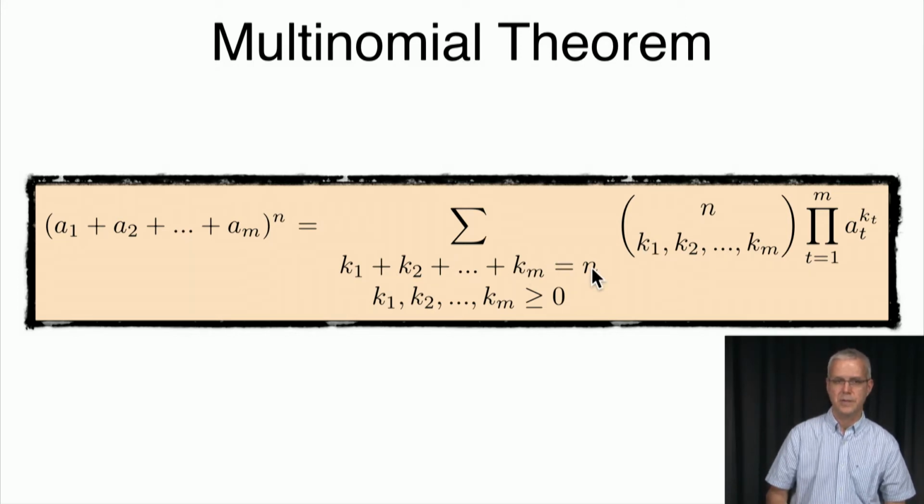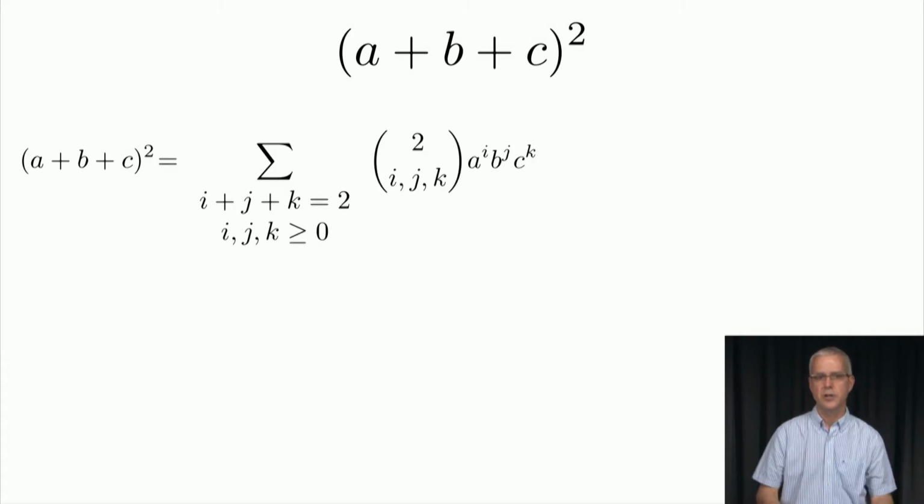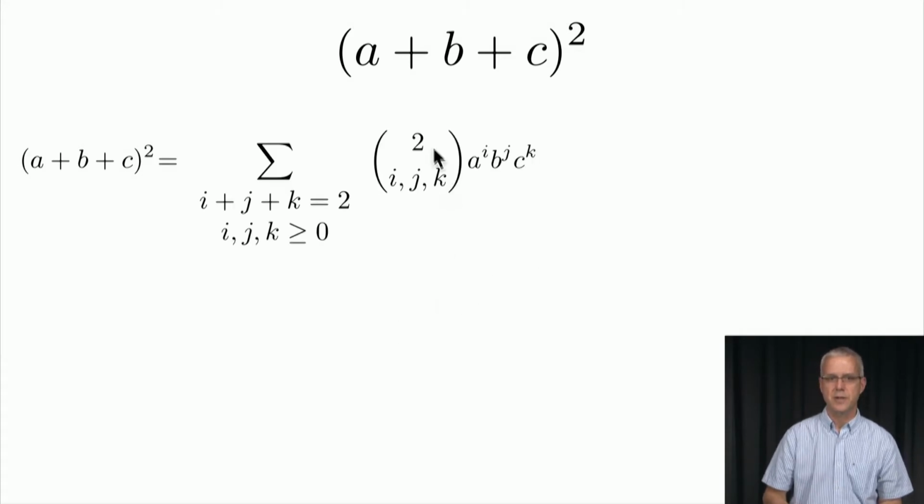And perhaps it's easier to see if we look at raising a sum of 3 terms to the second power. So a plus b plus c squared is going to be, according to this theorem, the summation of the multinomial coefficient 2 choose i, j, k times a to the i, b to the j, c to the k, over all i, j, k that sum to 2. Okay.